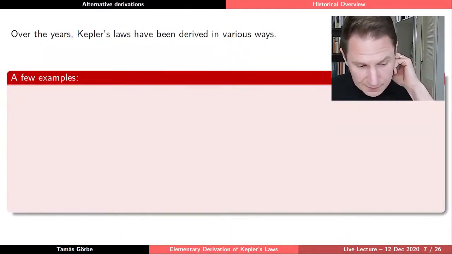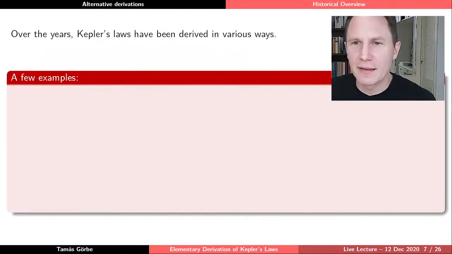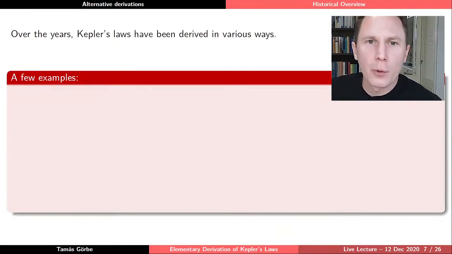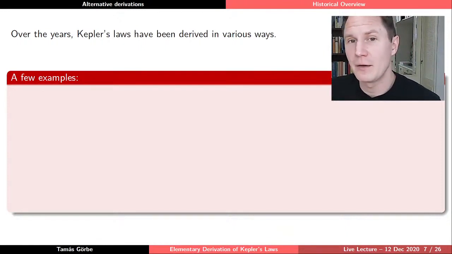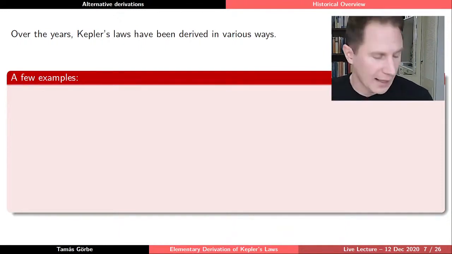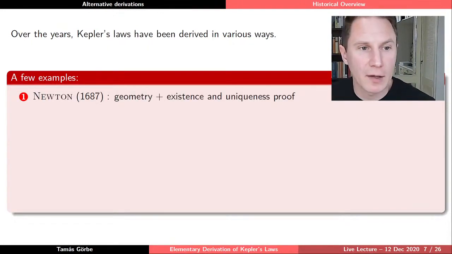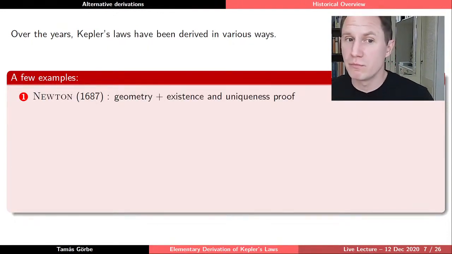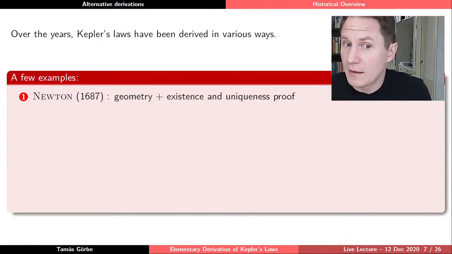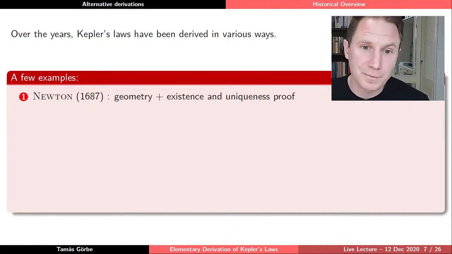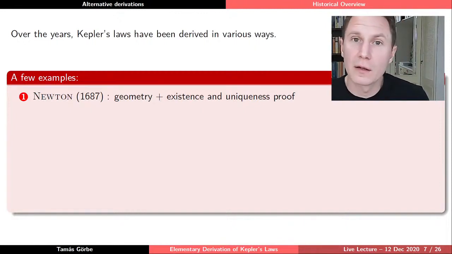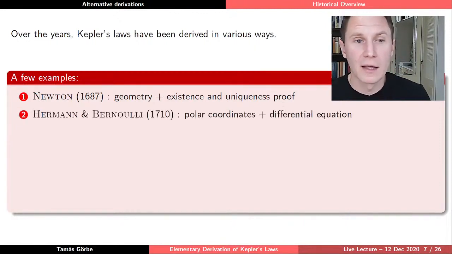Of course, over the years, as I mentioned, I just quickly want to go through this. Over the years, Kepler's laws have been derived in many ways. A few examples: of course, Newton, who was the first one to derive Kepler's laws. He used geometry and his calculus that he just developed to derive these laws from his universal law of gravity.